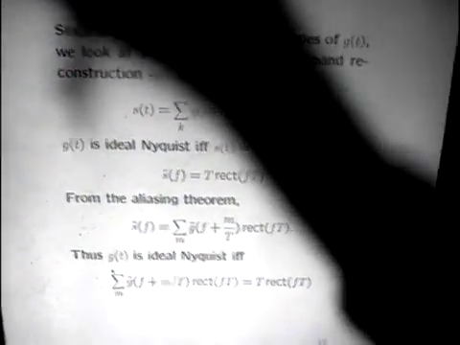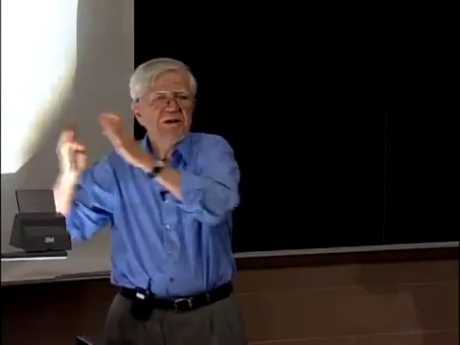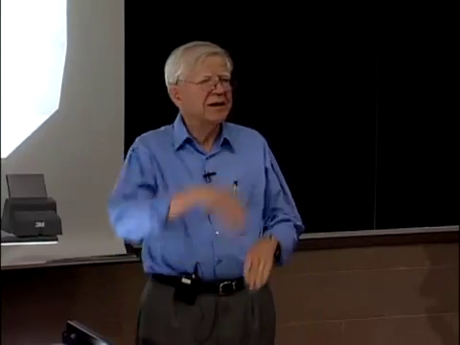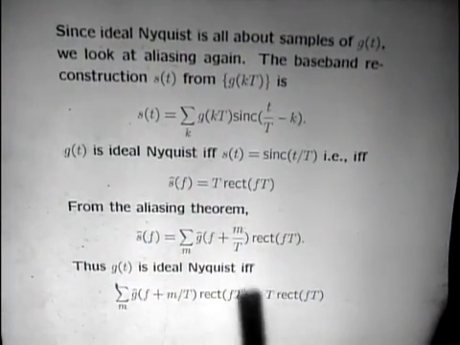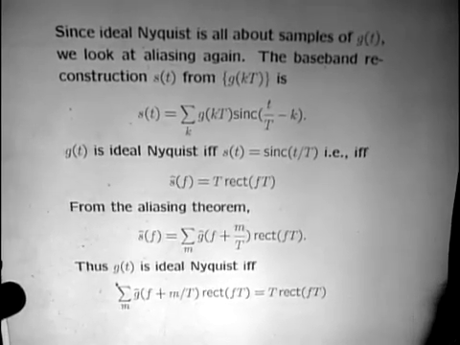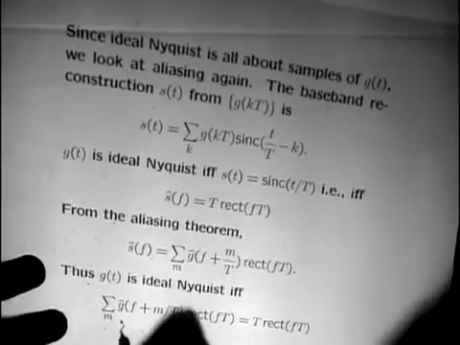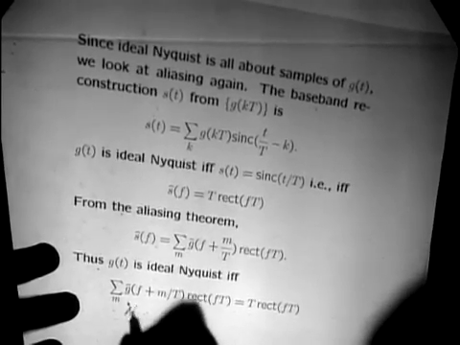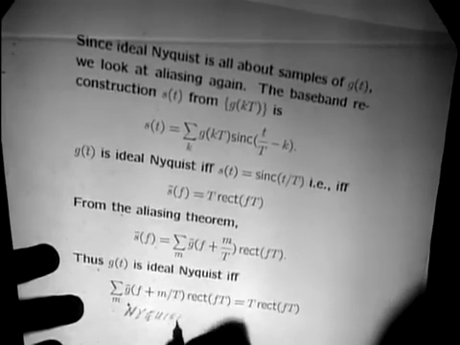You remember that diagram we drew where we took an arbitrary frequency function, picked up what was in each band, stuck it into the center band, and then added all these things up. That's what the aliasing theorem says. So g(t) is ideal Nyquist if and only if this sum is equal to that. And that's the Nyquist criterion. That's what Nyquist did, but he did it long before anybody had heard of aliasing.